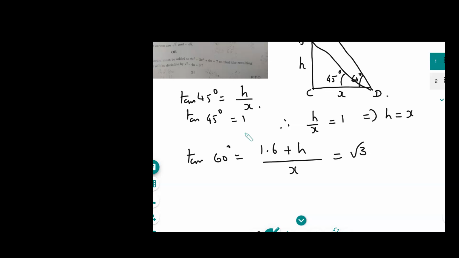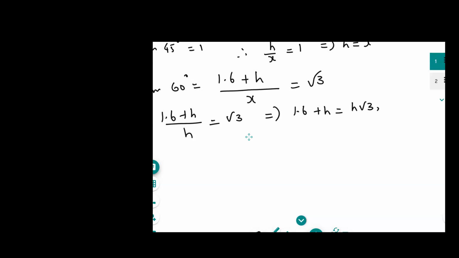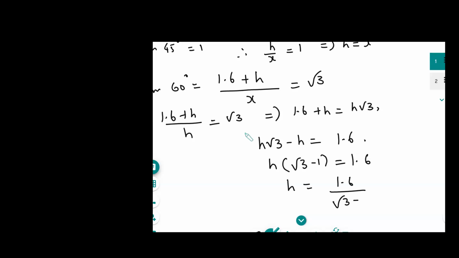But X is equal to H. So in the place of X, I'll replace it by H. So 1.6 plus H by H is equal to root 3, or this implies 1.6 plus H is equal to H root 3, or H root 3 minus H is equal to 1.6, or taking H as a common factor, H times root 3 minus 1 is equal to 1.6, or H is equal to 1.6 by root 3 minus 1.